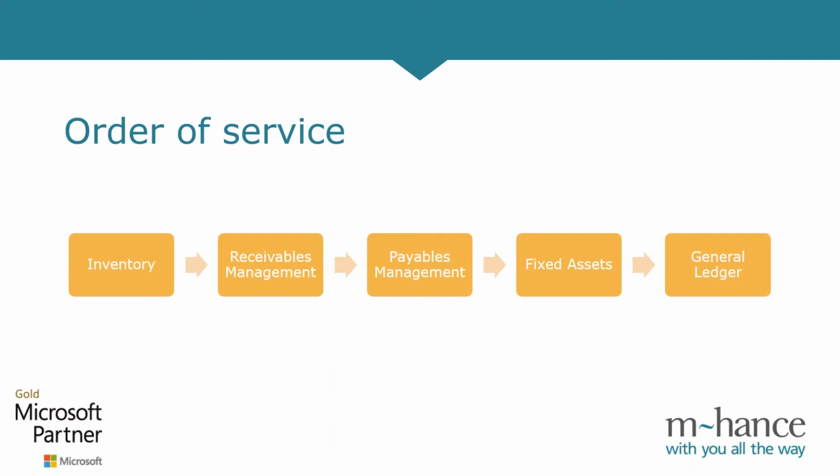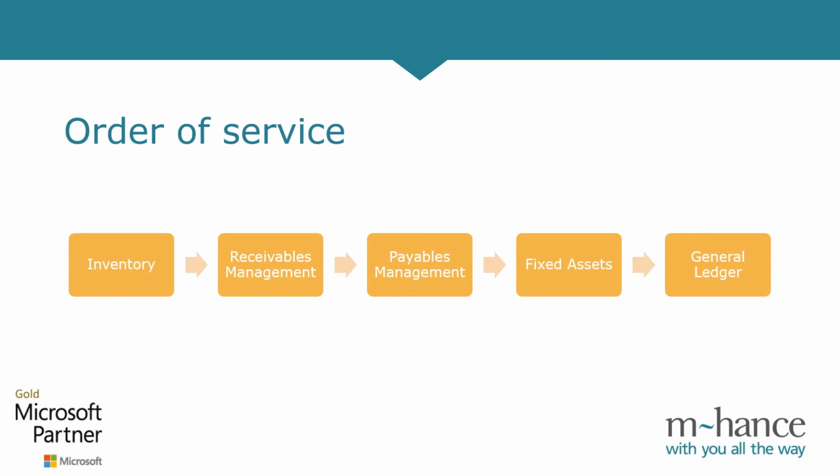So the year-end process ultimately needs to work in an order to make sure that it goes through in a correct manner. And the recommended order of service from Microsoft is to deal with all of your sub-ledgers first, and obviously then finish it off with your general ledger close, which is the most important part.